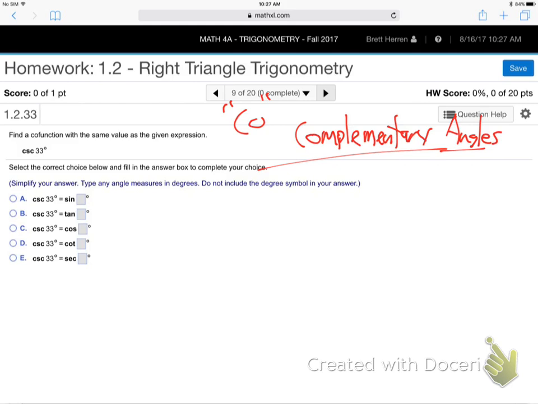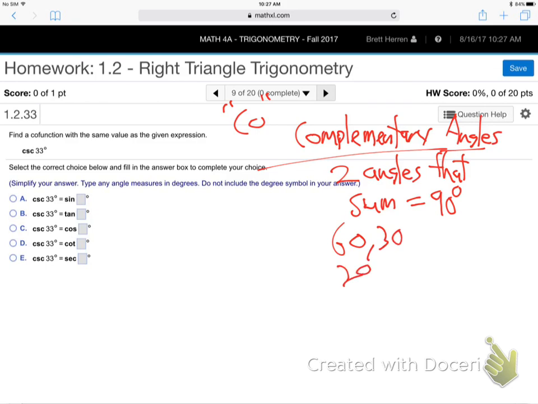Complementary add up to 90. It's two angles that add up to equal 90. So it'd be like 60 and 30, or 20 and 70, or 10 and 80. Any two angles that make 90. Those are called complementary. Together they make a right angle.